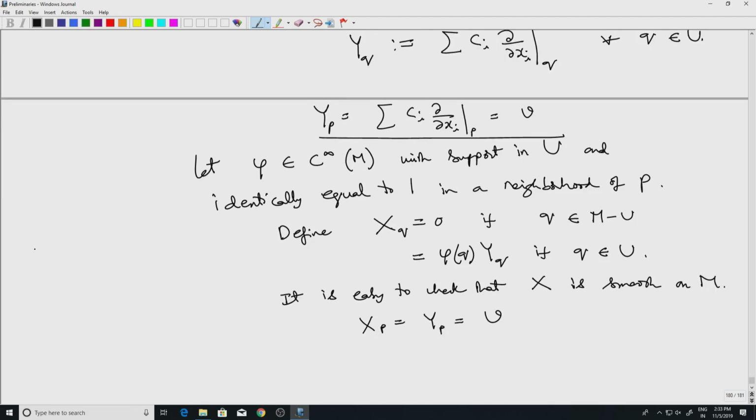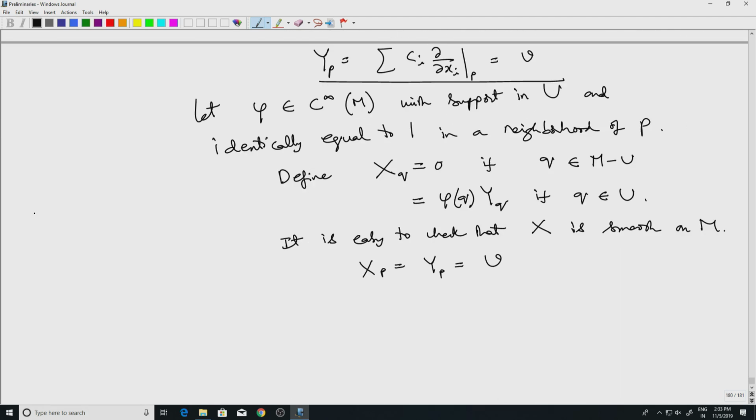And in fact, the same sort of idea, this similar argument, shows that the set of vector fields on M is not finite dimensional.